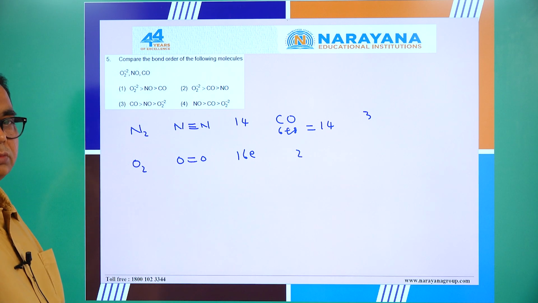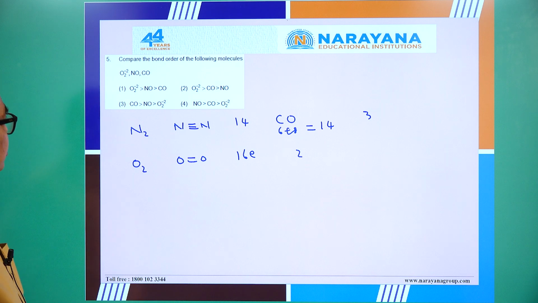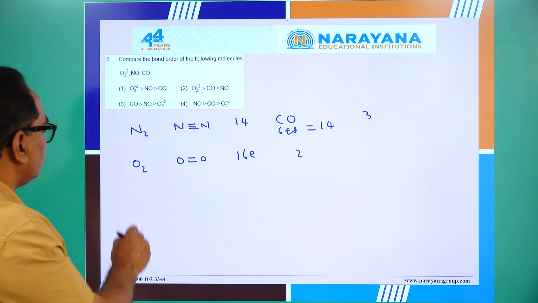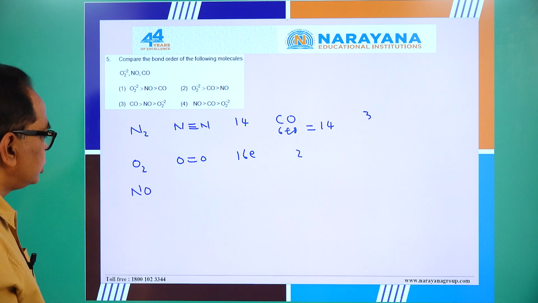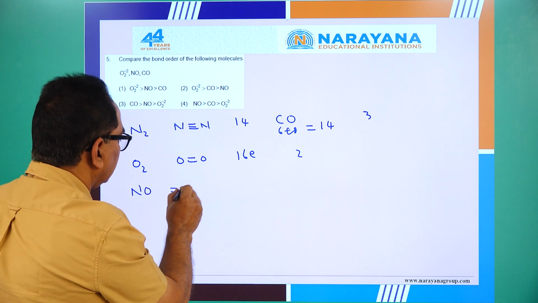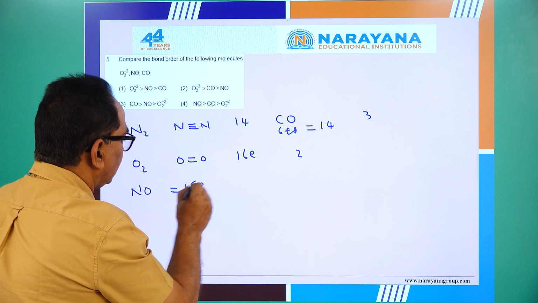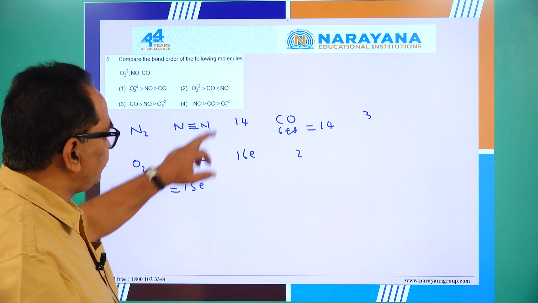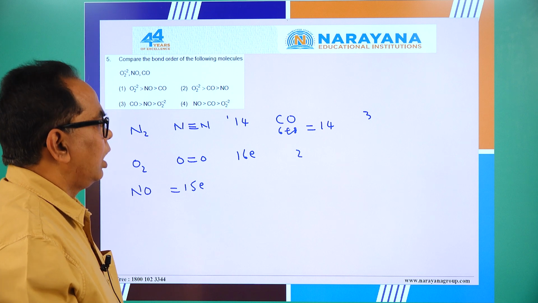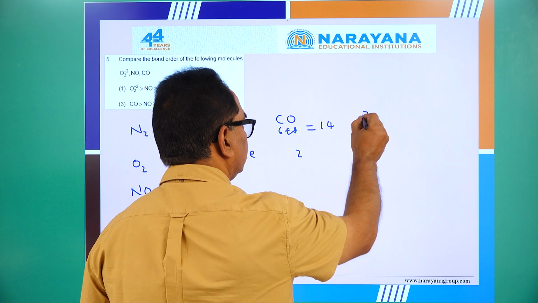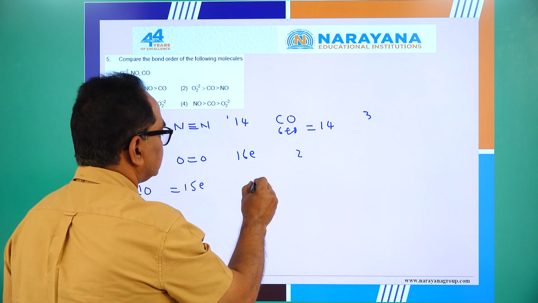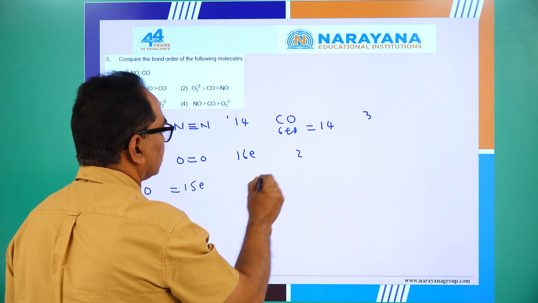But when you take NO molecule, the total number of electrons is 15. As 15 is in between 14 and 16, you will get the bond order intermediate to 2 and 3, that is 2.5.